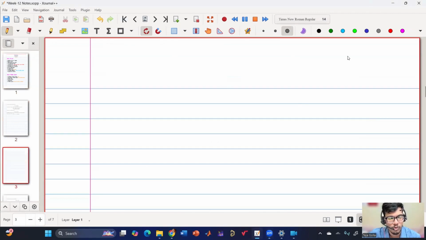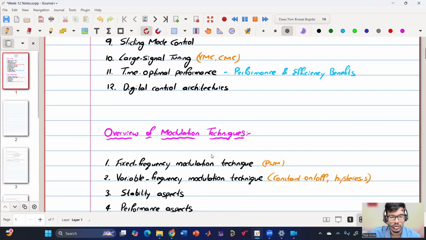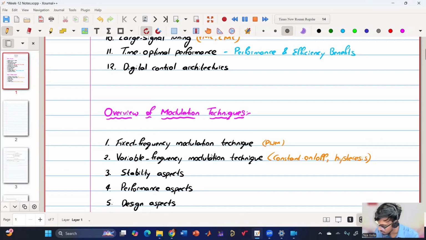So just a few more things I wanted to summarize. Till now we have discussed what all sir has covered in this course and what types of modulation techniques we have discussed, and all these things we have discussed for both voltage mode and current mode control.